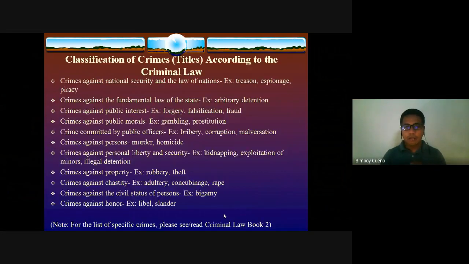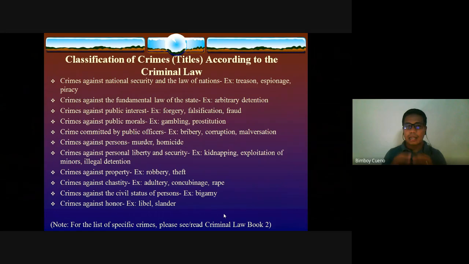Take note, if you look at Criminal Law Book 2, you can find the definition of each crime, and attached to each crime is the punishment, the number of years of imprisonment. These crimes are arranged into clusters or titles. For example, treason, espionage, and piracy are clustered in the title Crimes Against National Security.